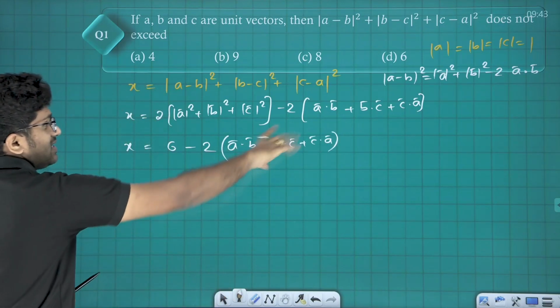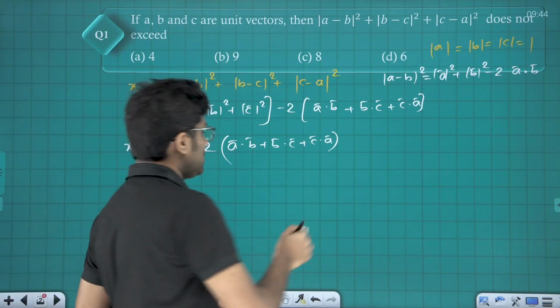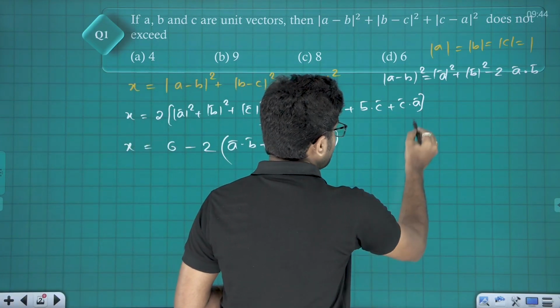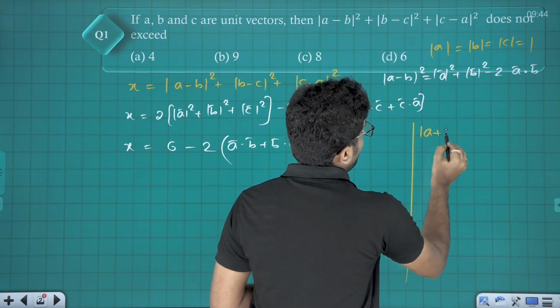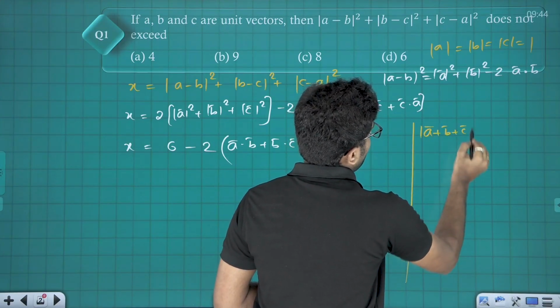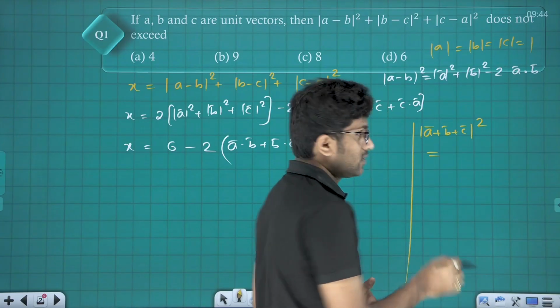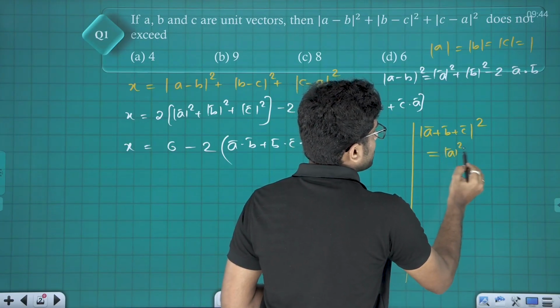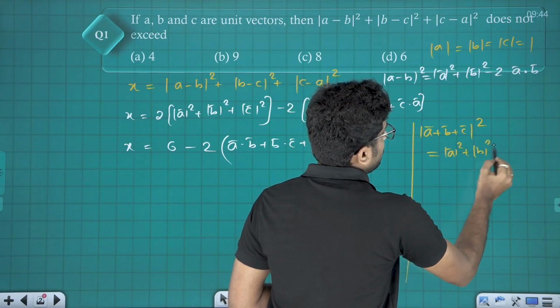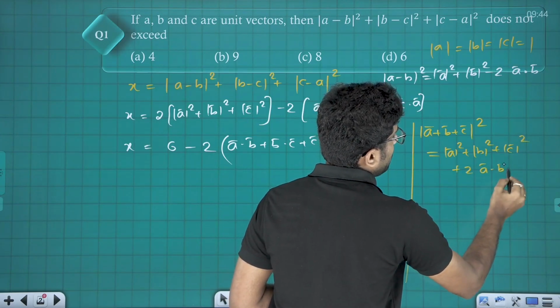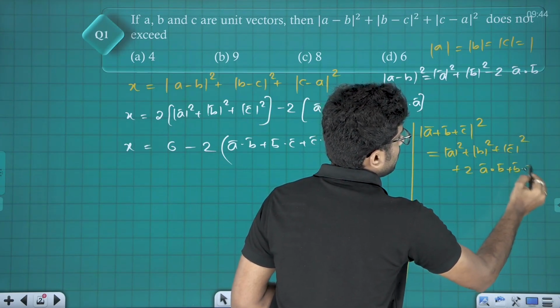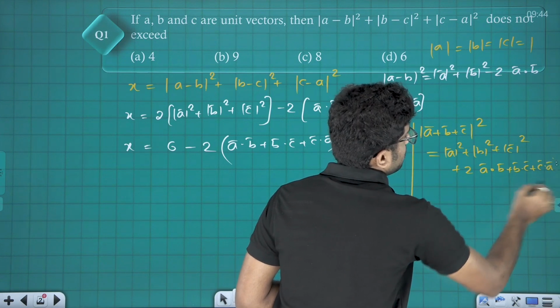We can't analyze this particular expression directly, so for that we use an algebraic expansion. We already have the algebraic identity, that is mod of a bar plus b bar plus c bar whole square is equal to mod a square plus mod b square plus mod c square plus 2 times a bar dot b bar plus b bar dot c bar plus c bar dot a bar.